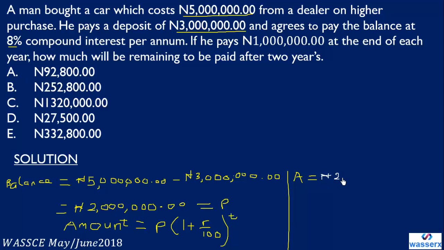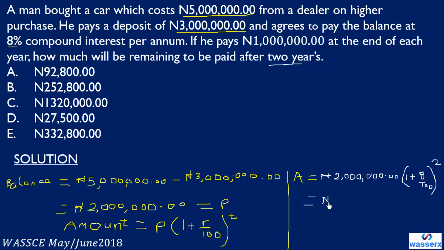Now our amount becomes 2 million times 1 plus the r, which is 8%, all to the exponent of 2.